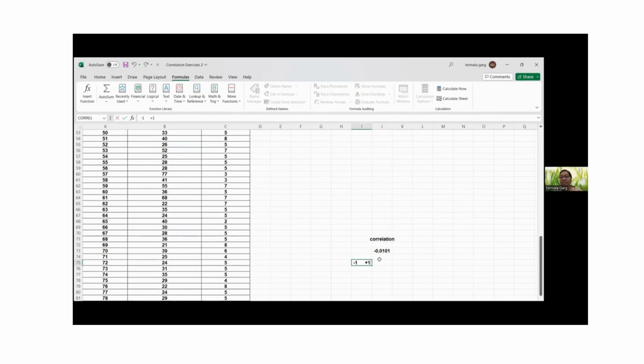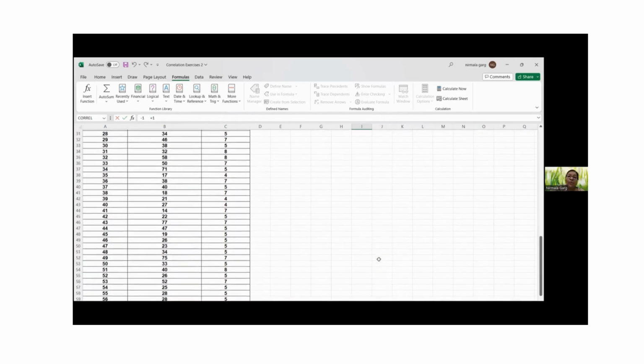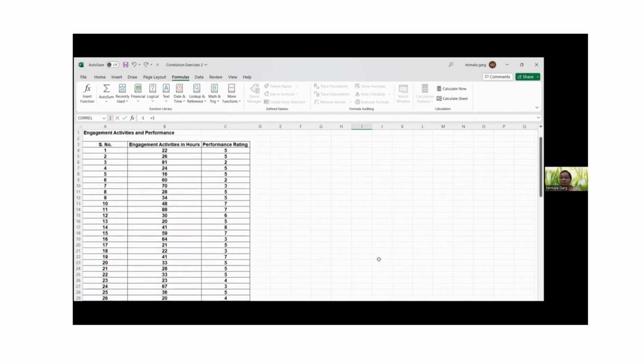So you can imagine it is minus 0.01, which is as good as no correlation. So when there is no correlation, I cannot predict anything. Therefore, I cannot do regression. Are you getting me? I cannot do regression.